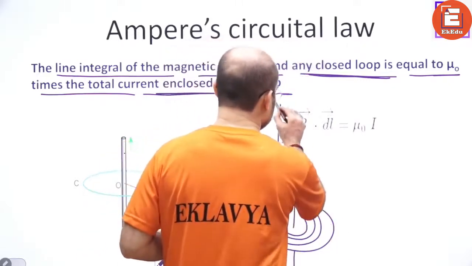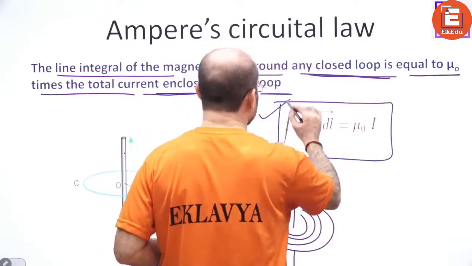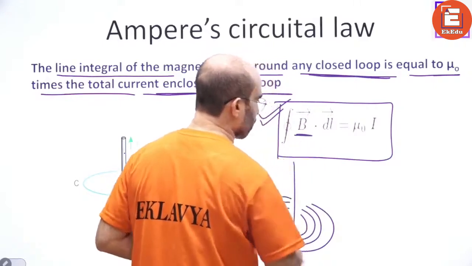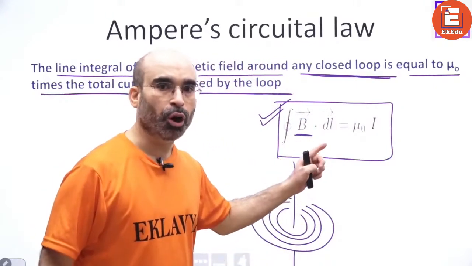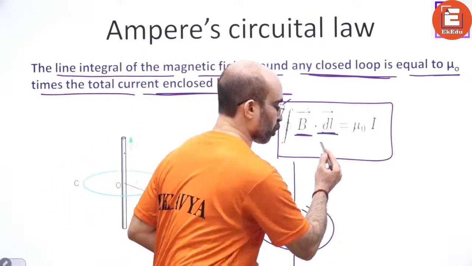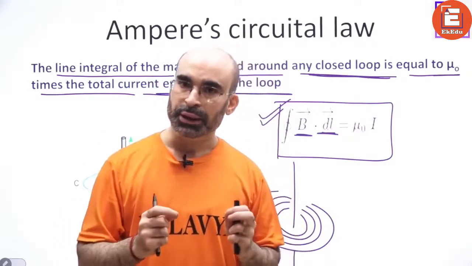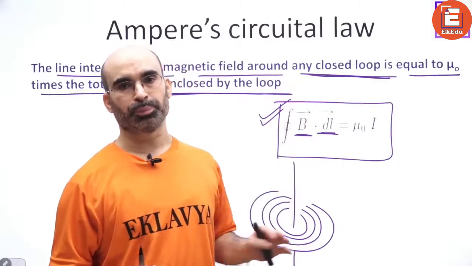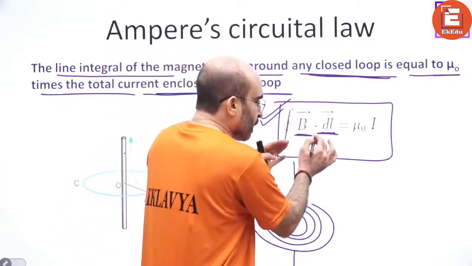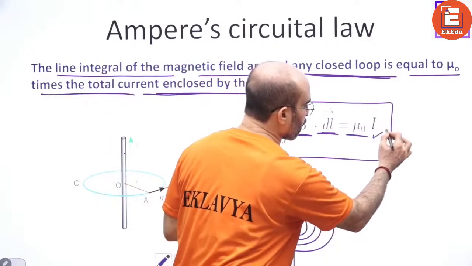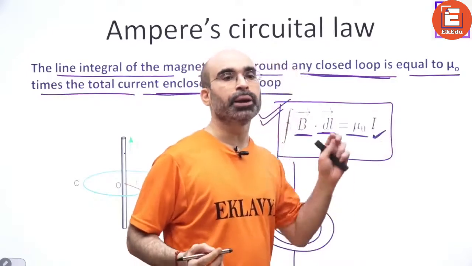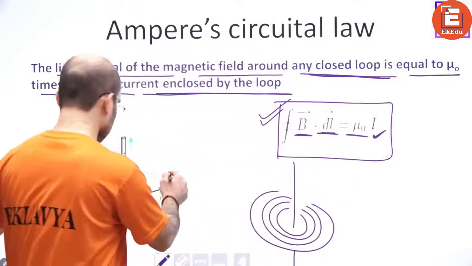What is it? Line integral. When we say line integral, what do we mean by that? The dot product of the magnetic field and the length of the loop. This equals mu naught times the current enclosed by the loop, right?